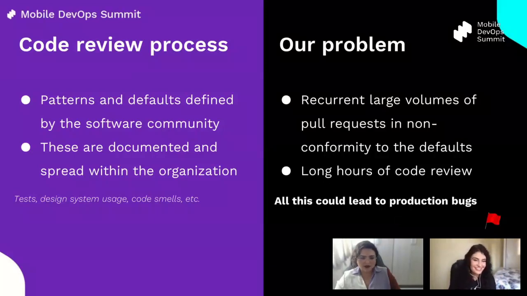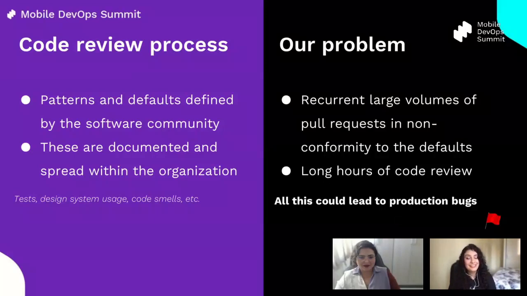We, alongside the client and the developer community, have come to the conclusion of several code review quality rules, such as unit testing, avoiding code smells, and using the organization design system. These were well documented and spread across the company, so all should bear in mind the importance of these patterns while developing.